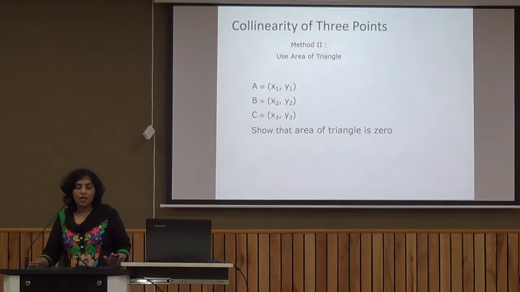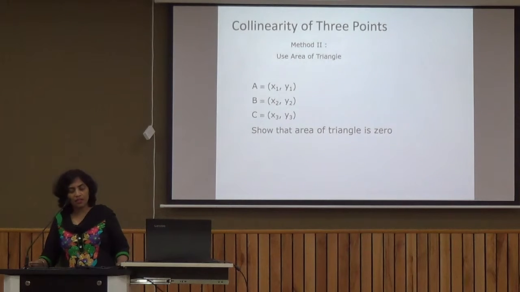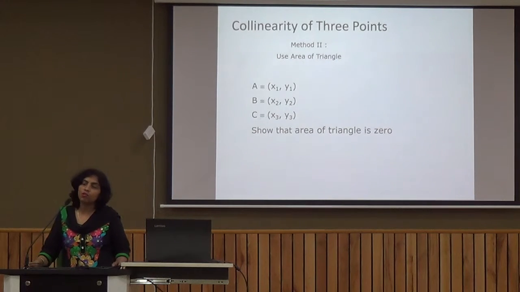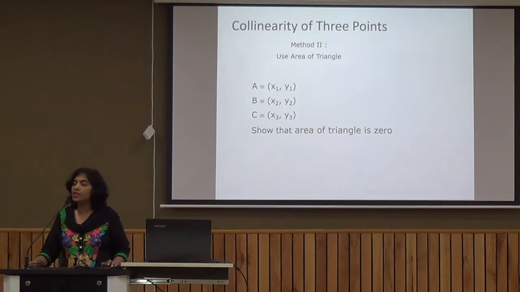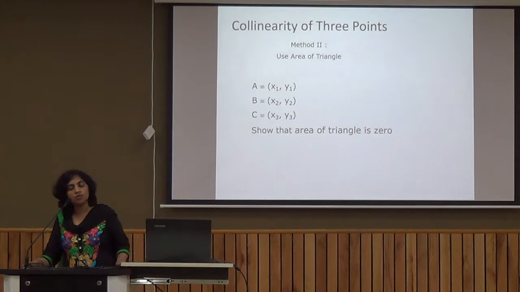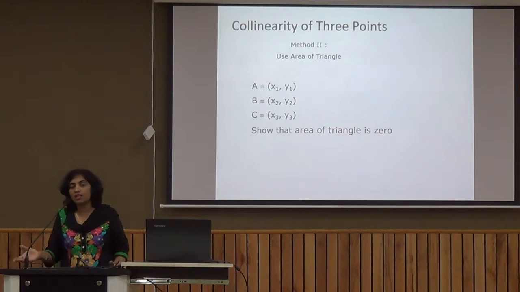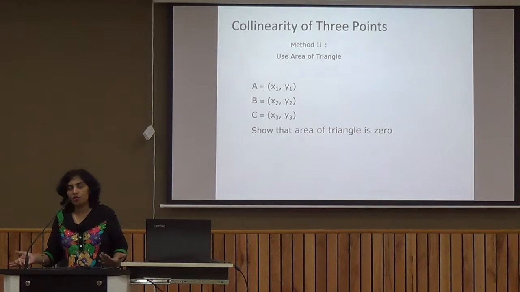We have another method to check for the collinearity of 3 points, and that method is the area of the triangle. If we are able to show that the area of the triangle is 0, that says that the points are collinear, and it is the best method to check for collinearity. If we do not get the area as 0, the points are non-collinear.